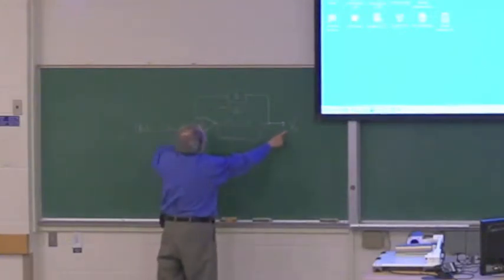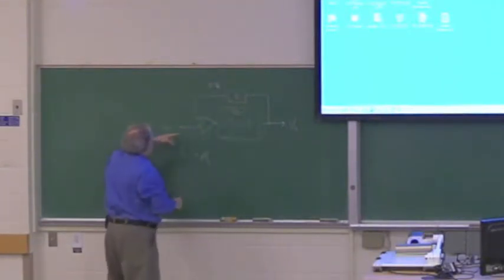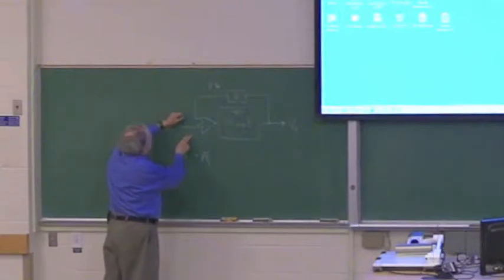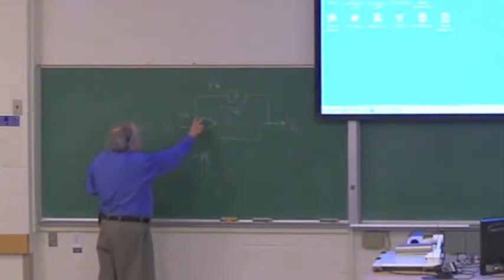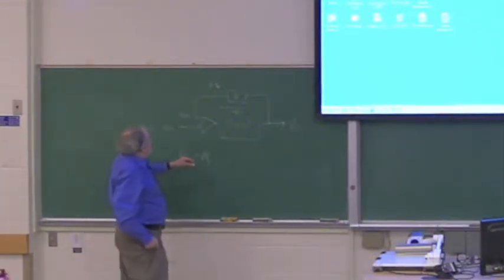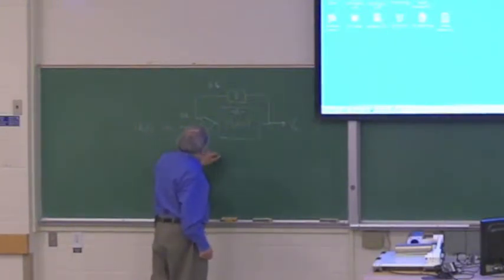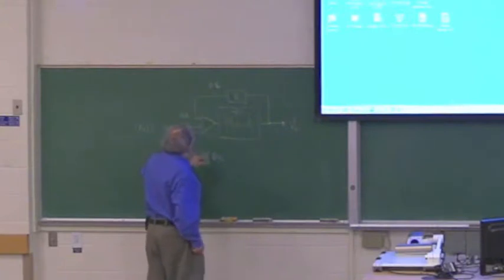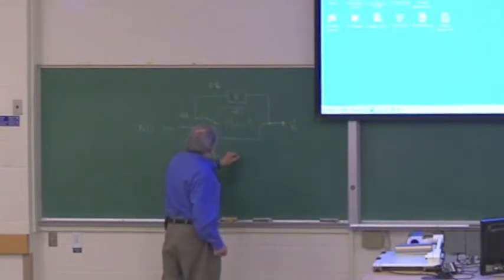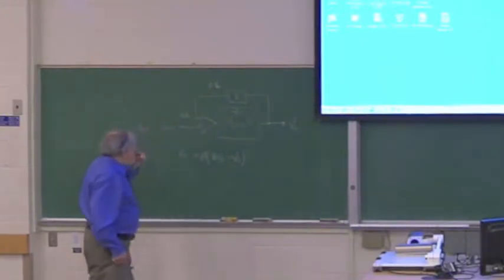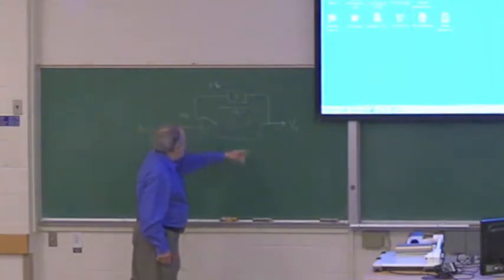If this is V out, at this point it will be B times V out, because it's multiplied by B. So this is V in, this is B V out. The difference is B V out minus V in, times A, okay, and that difference is multiplied by A to give you V out.